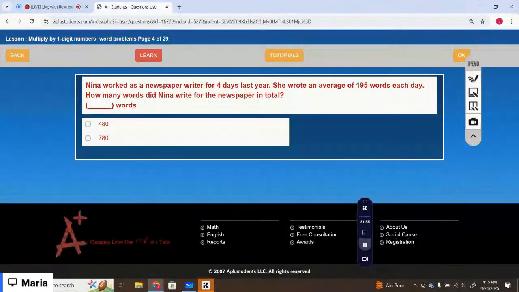Nina worked as a newspaper writer for 4 days last year. She wrote an average of 195 words each day. How many words did Nina write for the newspaper in total?